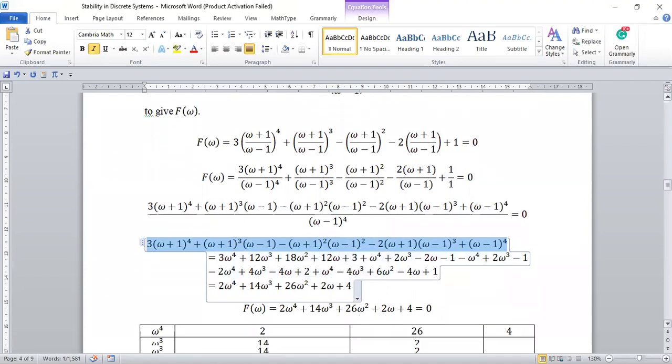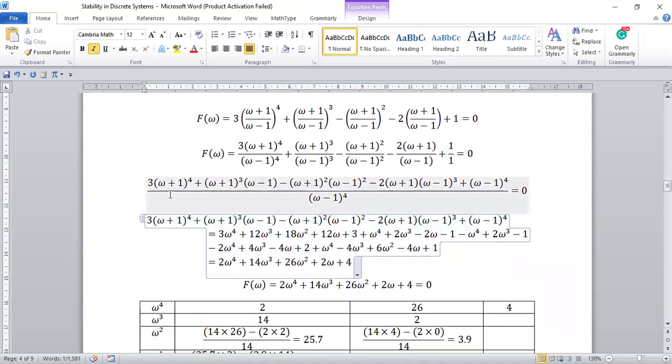Then we expand because we just want to simplify things. If we expand this, we are going to get this. Then when you expand this, you are going to arrive at this equation. When we expand this, we're going to arrive at this equation here.